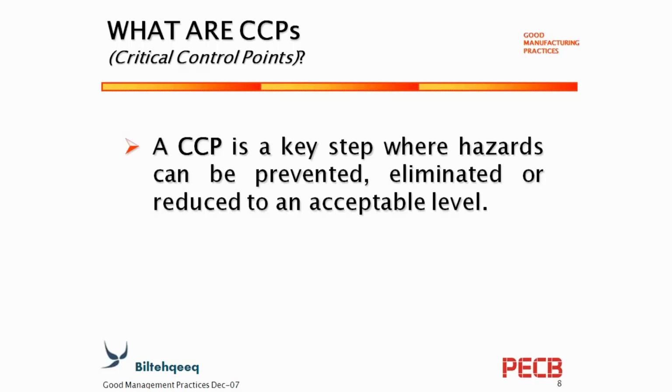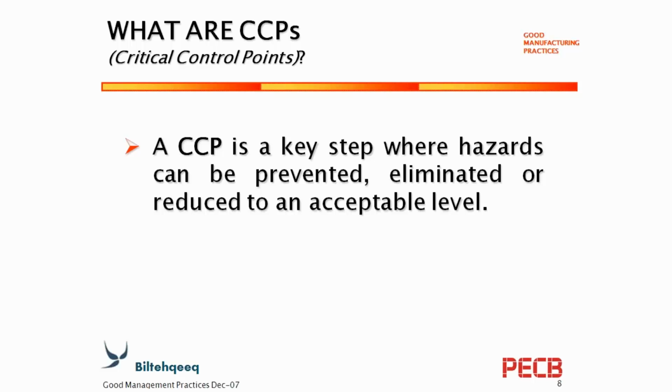What are critical control points? As I have mentioned, you have to control the hazard at some appropriate points. So these points are called critical control points. A critical control point is a key step where hazards can be prevented, eliminated, or reduced to an acceptable level.